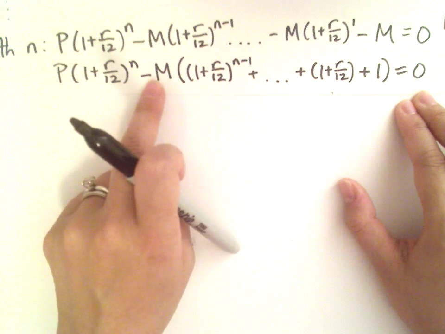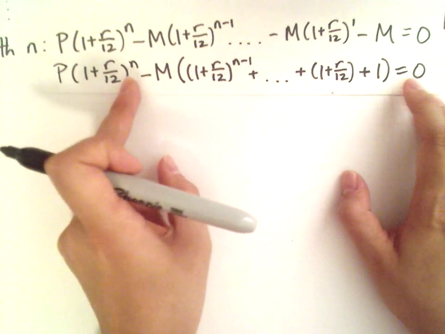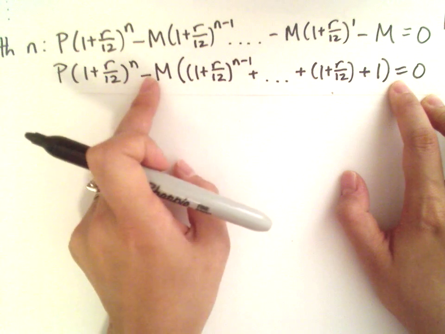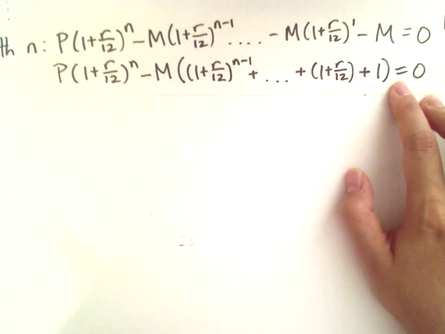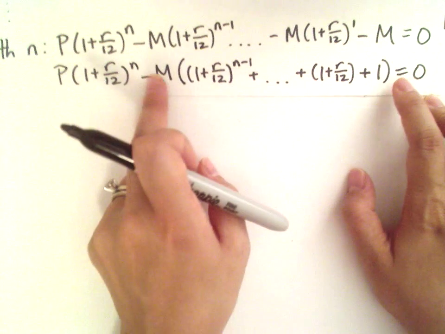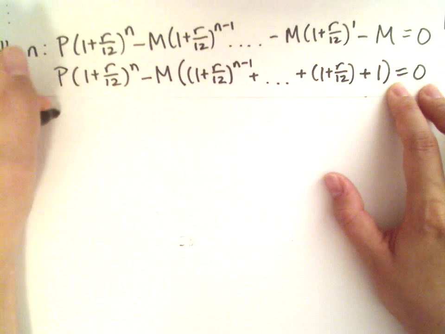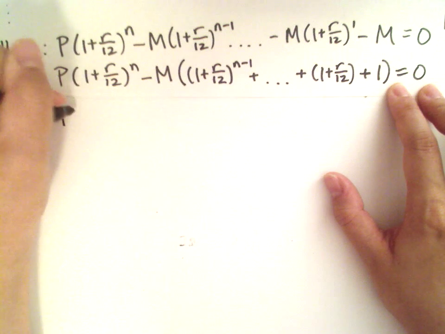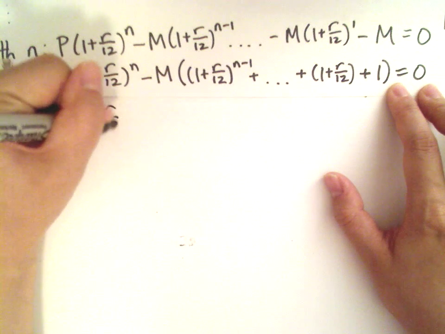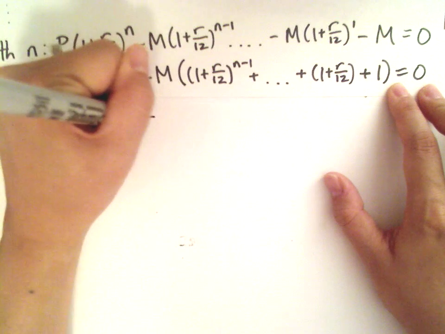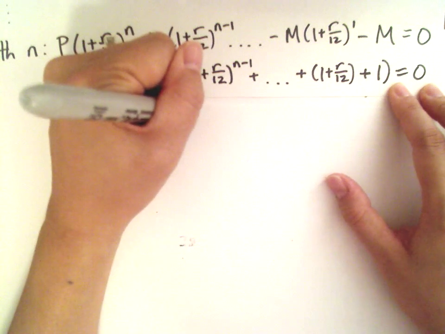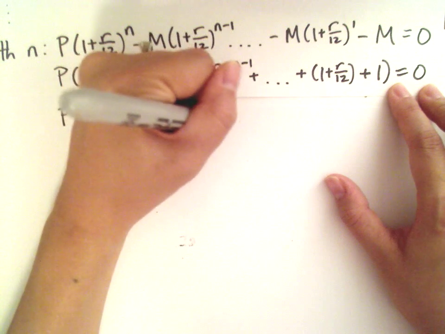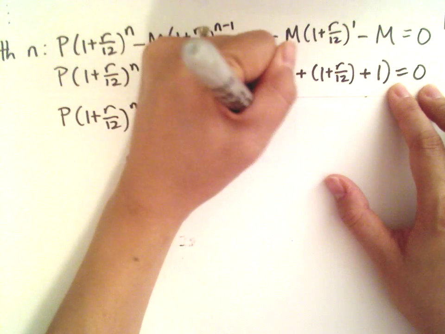So solving for this m, the first thing we can do is take all of this, minus m times this sum, and put it to the other side of the equal sign. So we add this to both sides, and we end up with p times 1 plus r over 12 to the nth power is equal to positive m times this long thing.